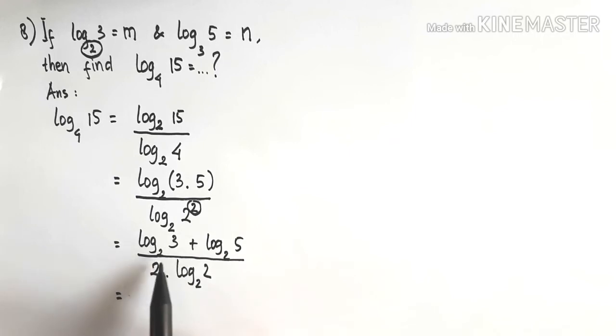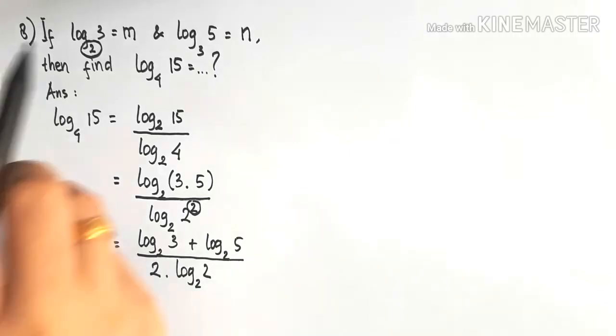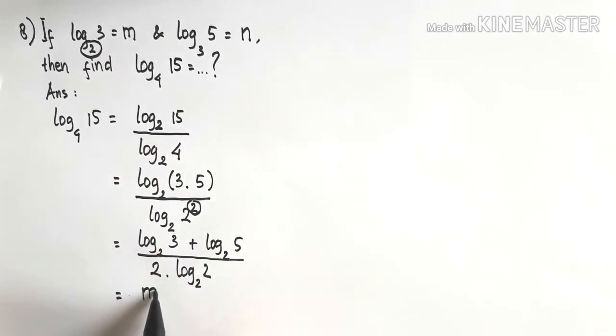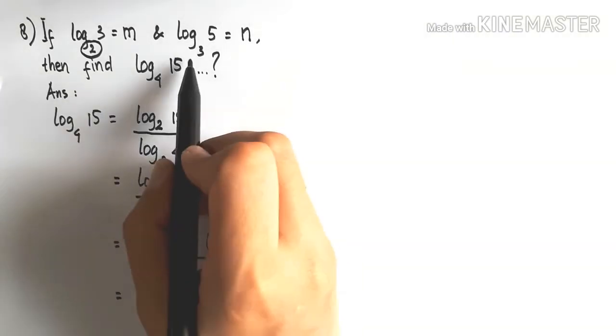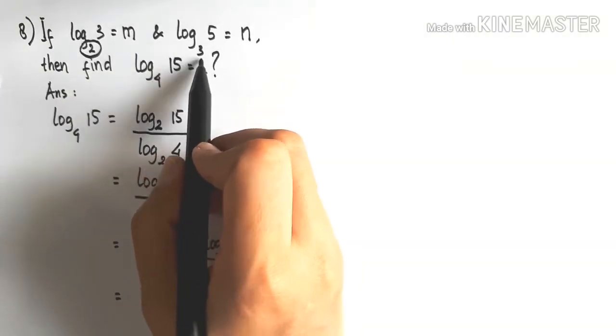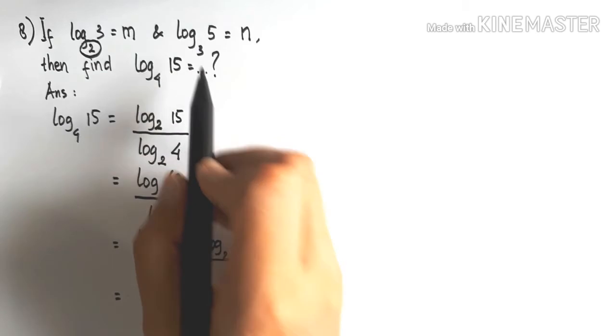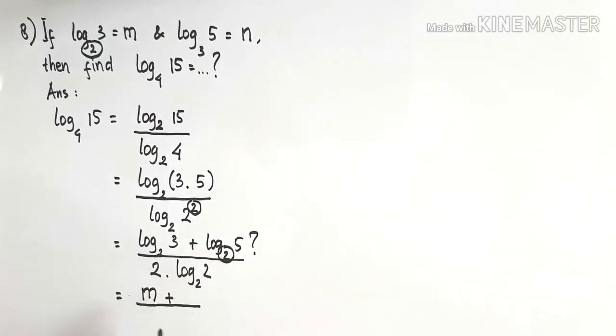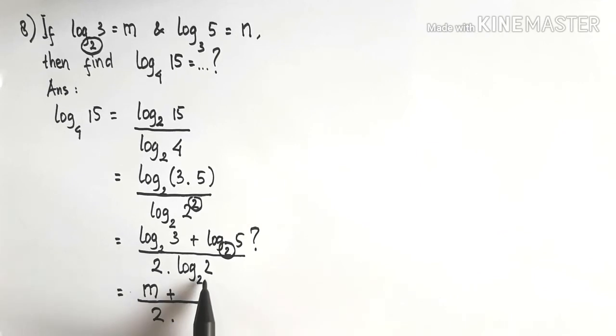Now log base 2 of 3 is equal to m, so we can change it into m. Log base 2 of 5: now we have log base 3 of 5, the base 3, but here it is 2. It is the problem. Over 2 times 1.